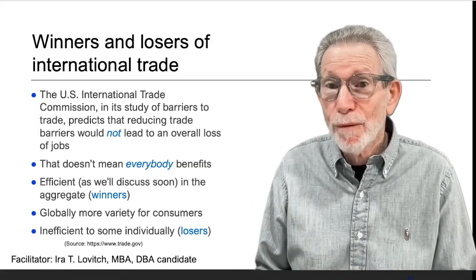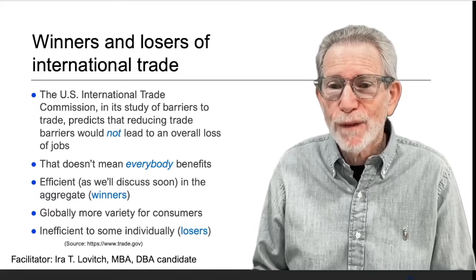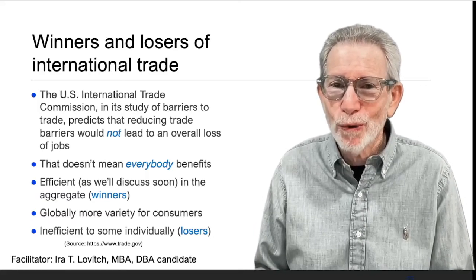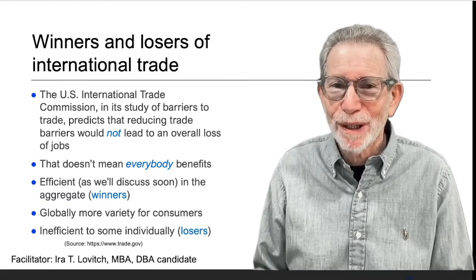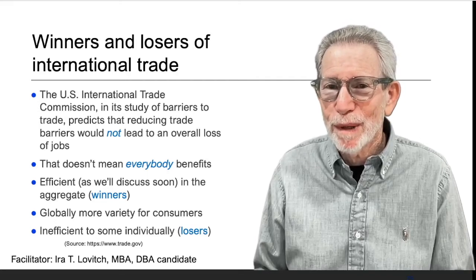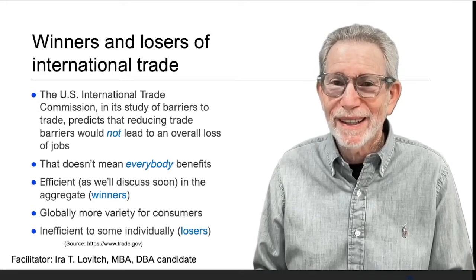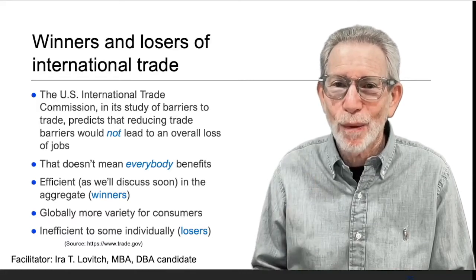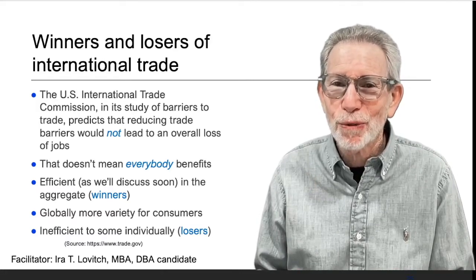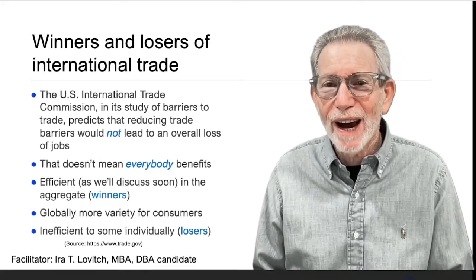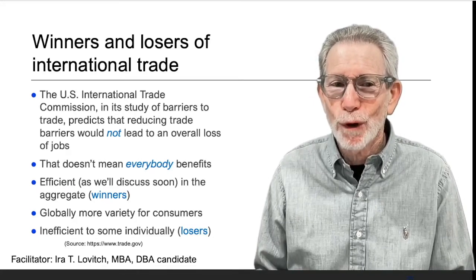And so to be efficient, well, the efficiency means that there's more winners than there are losers. And that is probably going to be the case. But globally, there's going to be some losers. And again, if you're one of those losers, or your family are one of those losers, or your industry is struggling because of international trade, it's not a positive thing for you.